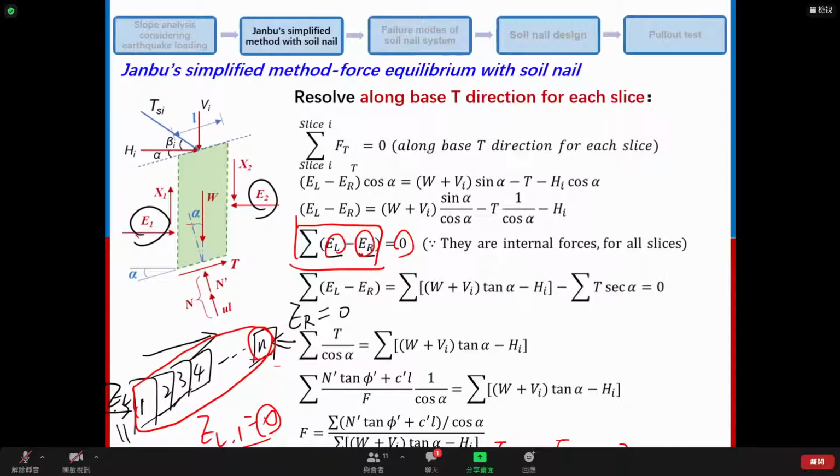So the internal forces will be balanced with each other. The external force here is equal to 0, that's why the internal force will also be equal to 0, because they are all balanced with each other.